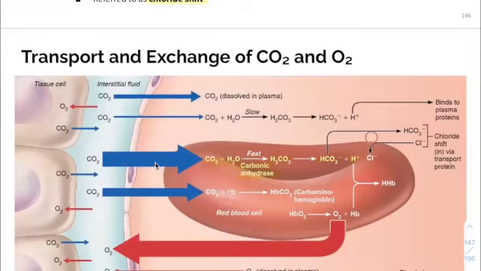So you can see that bicarbonate leaves the red blood cell as it now is being transported in the plasma, while that chloride is going into that red blood cell, which is causing a chloride shift.